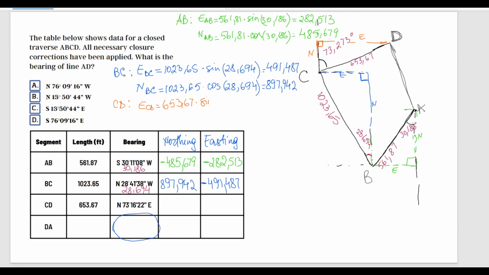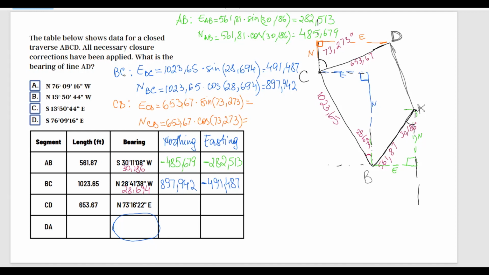And so again, easting is going to be equal to, let's take the length as 653.67 multiplied by sine of 73.273 equals, and then northing of CD is going to be equal to 653.67 multiplied by cosine of 73.273 degrees equals. Let's use our calculators and calculate that pretty quick. 73.273 sine, and now 653.67 multiplied.